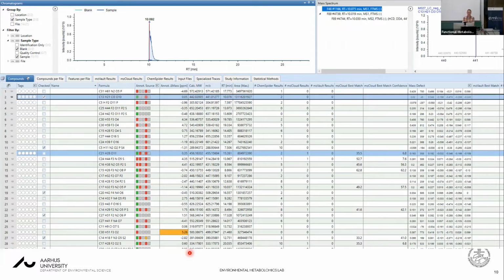And then, after we have acquired all the data, we pull it into Compound Discoverer, and we get a long table of features. And we don't care what it is at this point.